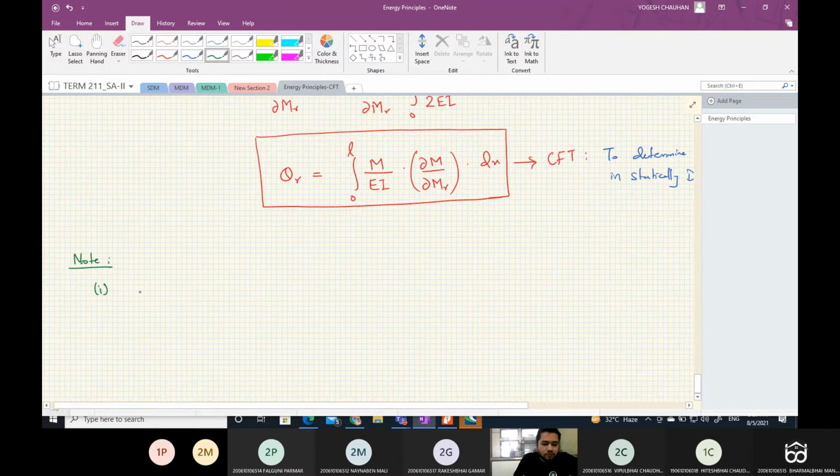The first thing is the material of the structure should be elastic.